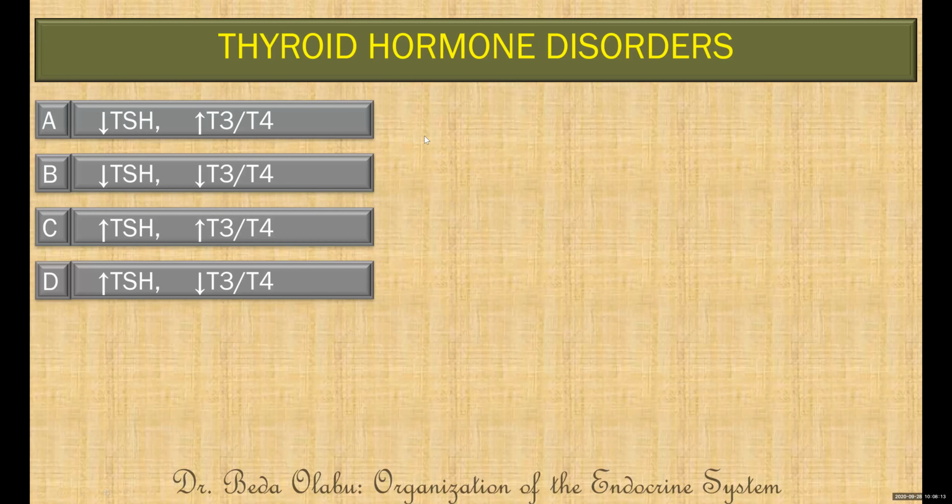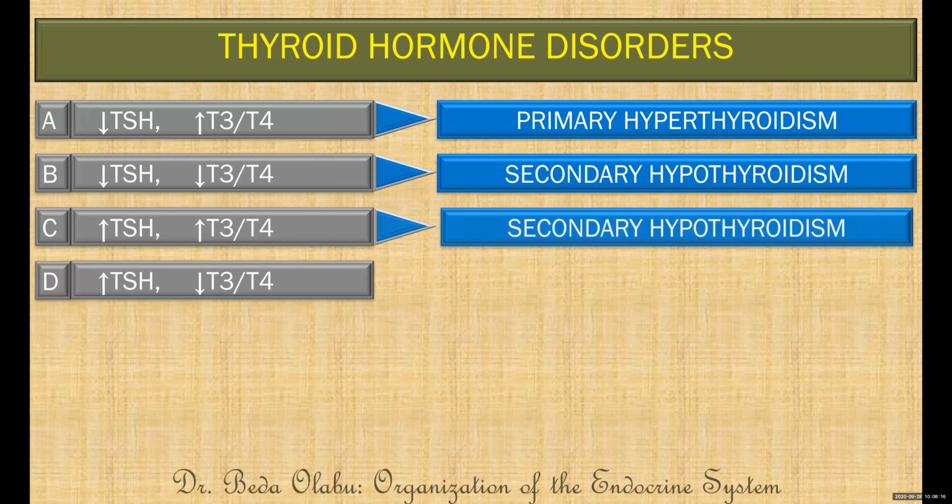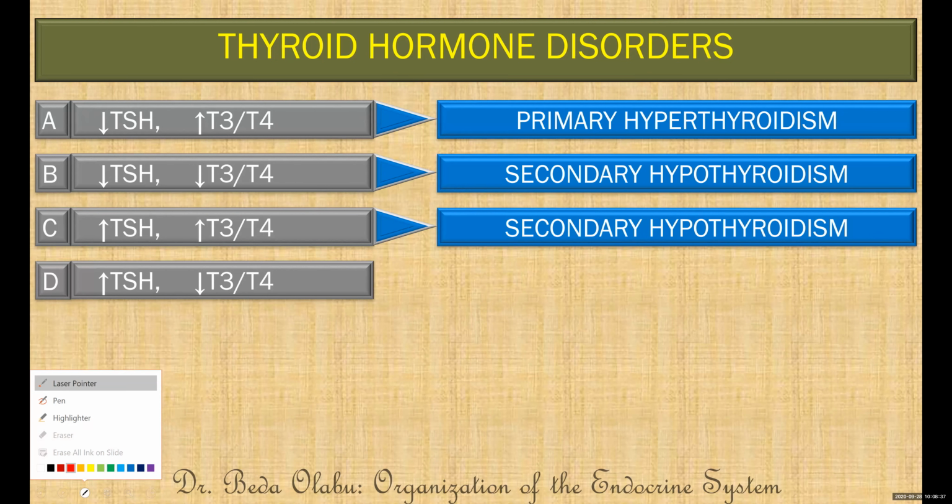Okay, we are there now. I still typed it wrongly. So this is secondary hyperthyroidism. The reason is that T3 and T4 are elevated. Why? Because the gland is being hyperstimulated. So that is secondary hyperthyroidism.